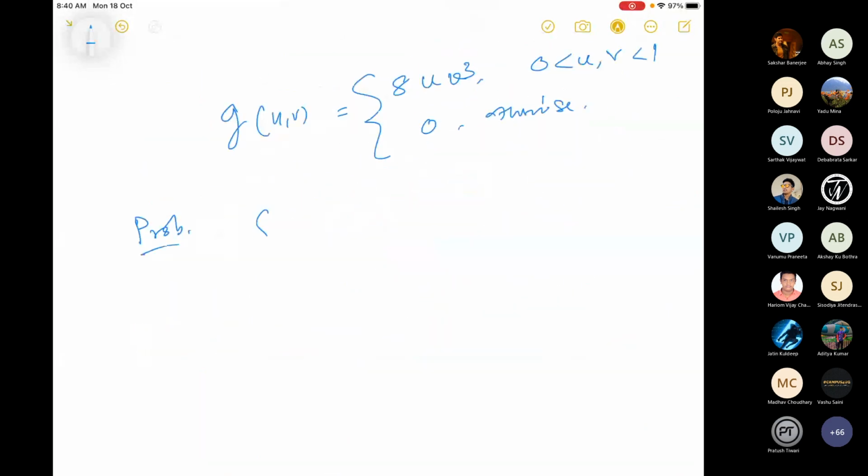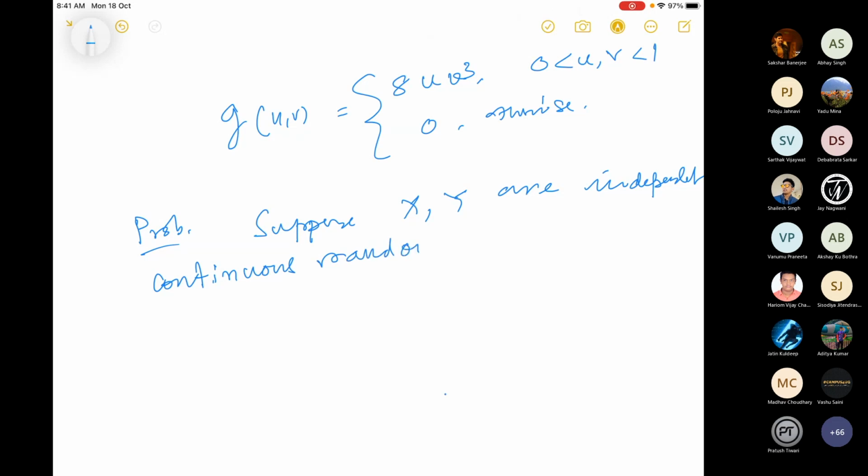So suppose x and y are independent continuous random variables. They are of course continuous when you are applying this particular theory. Let's say they have the same PDF.